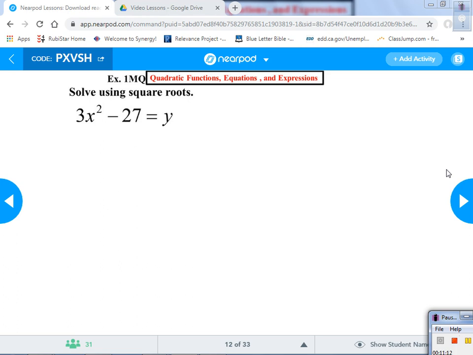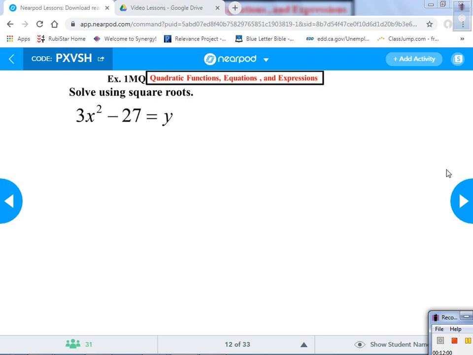Set y equal to 0. Step 2. Isolate the variable, yes. And step 3, everyone, square root. So I'm trusting that if you follow that process, you will be able to solve that one by yourself. Copy that on paper and solve it, please.